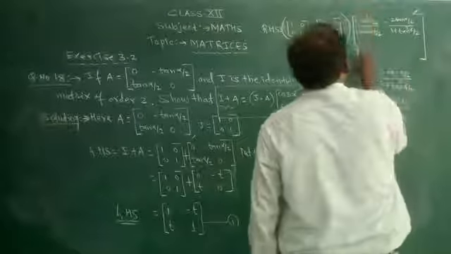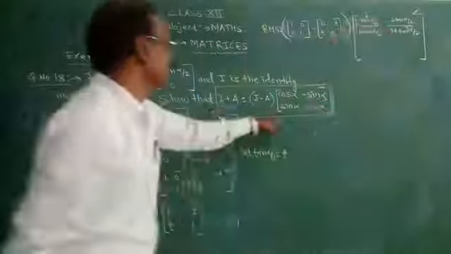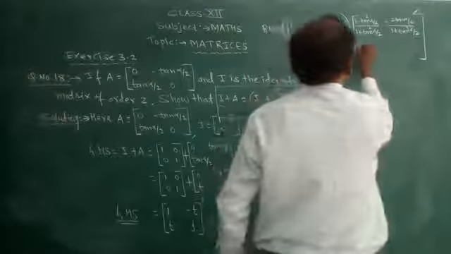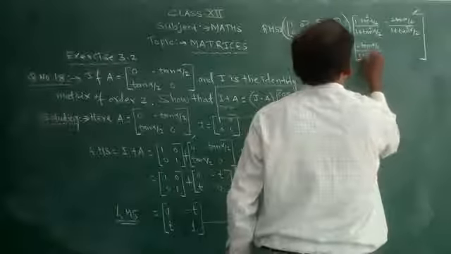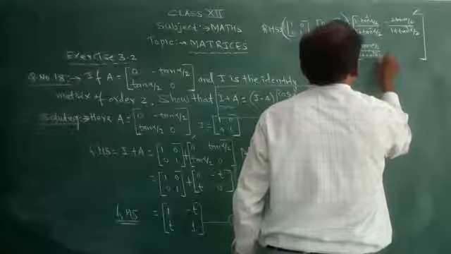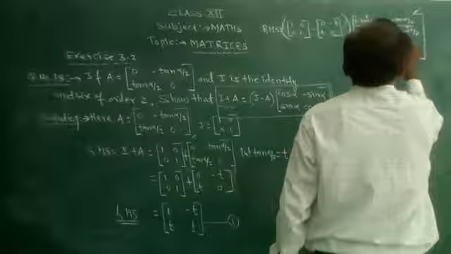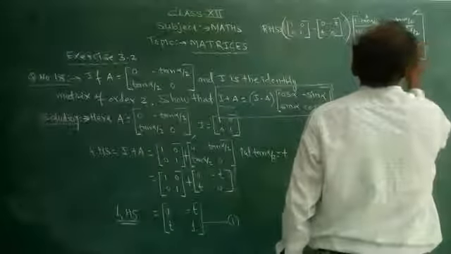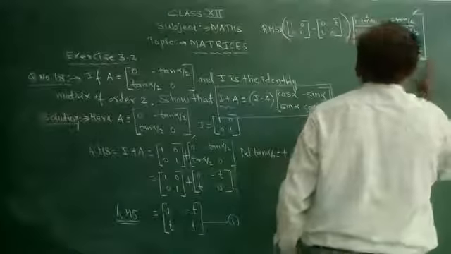Then sin alpha is 2 tan alpha by 2 upon 1 plus tan square alpha by 2, then cos alpha is 1 minus tan square alpha by 2 upon 1 plus tan square alpha by 2.